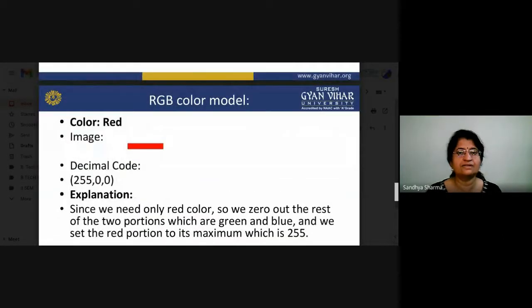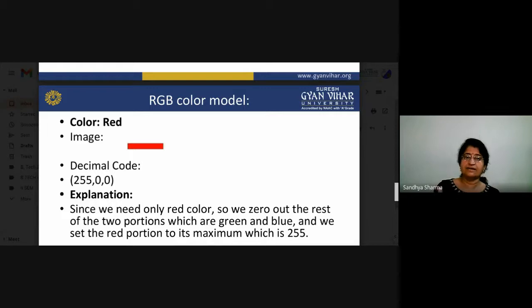Now we will discuss the RGB color model. Suppose you have to work on the red color. That is the image of red color. So in decimal code, what about the value? In the place of R, there is the highest value of 255. Now, how can you explain? We need only red color, so we zero out the rest of the two portions, because the color is only red.